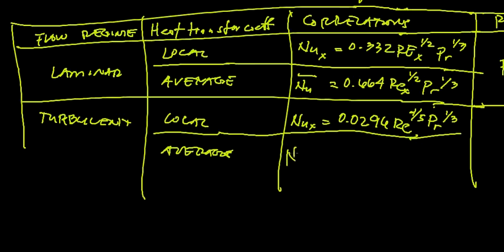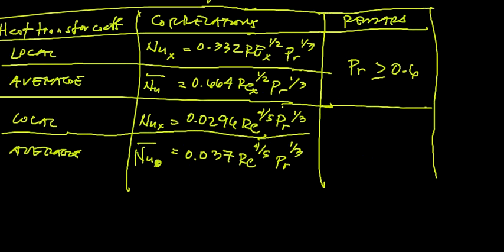And for average, Nu bar is equal to 0.037 Re^4/5 Prandtl number^1/3.